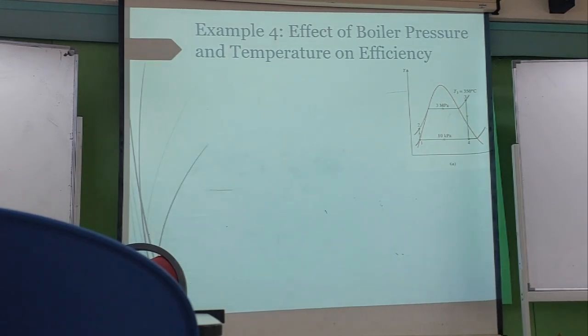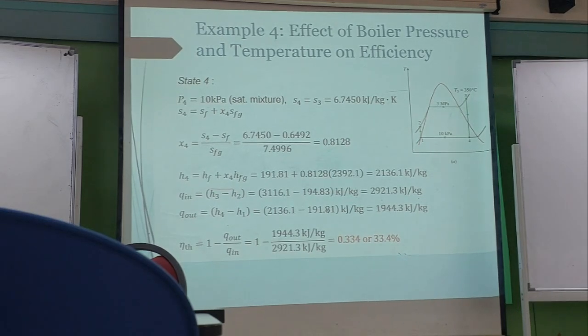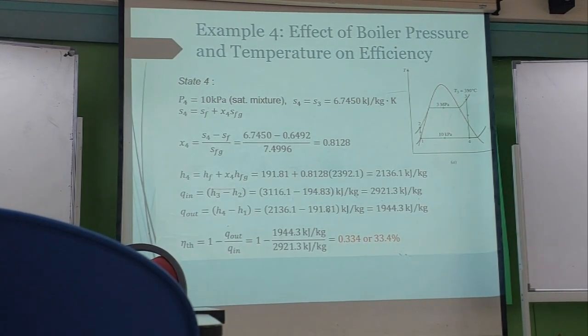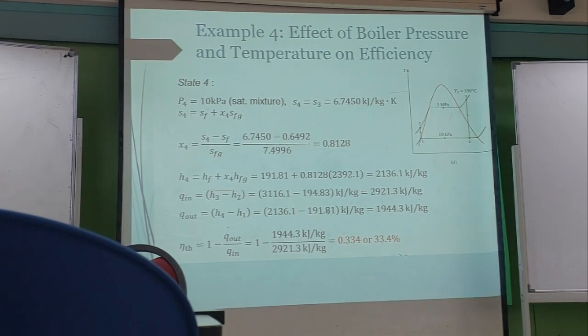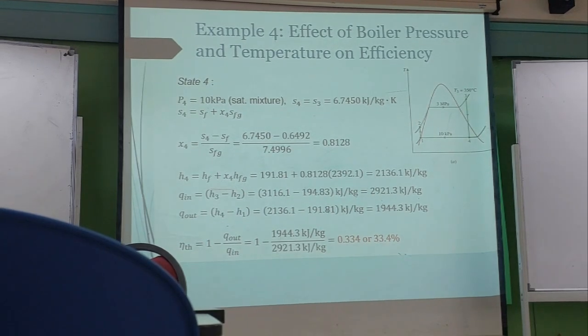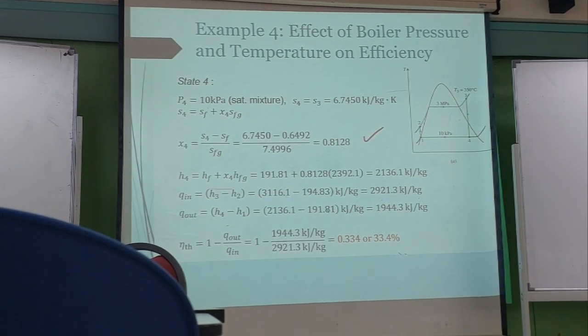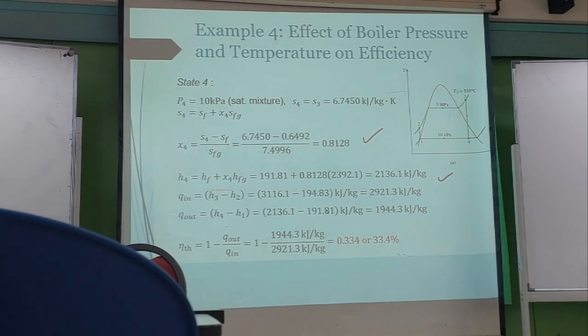State 4 actually is exactly the same method. So now we know that state 4 has been changed to 10 kilopascal, but we also know that S4 is equal to S3. So from here you can find the quality, and then based on this quality you can calculate the enthalpy.